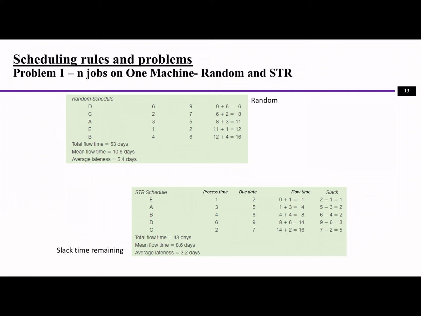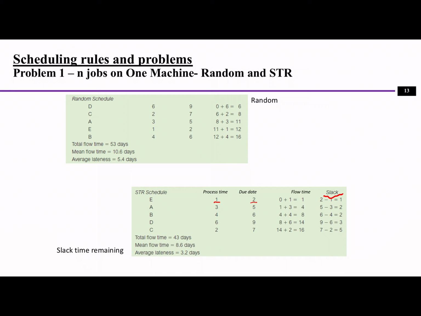And also, random rule, and slack time remaining. So for the random rule, you can randomly choose a sequence. For the slack time remaining, we have the processing time and the due date, then we can calculate the slack time. So slack time equals the due date minus the processing time. 2 minus 1 is 1, 5 minus 3 is 2, 6 minus 4 is 2, and C is 7 minus 2, which is 5.